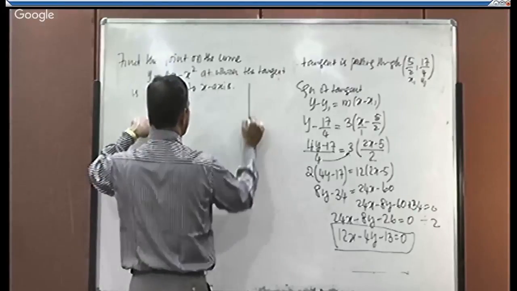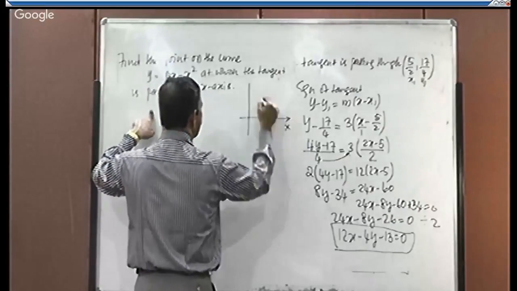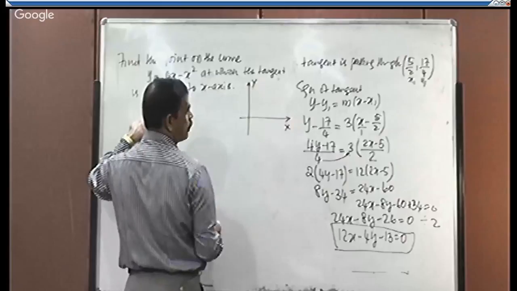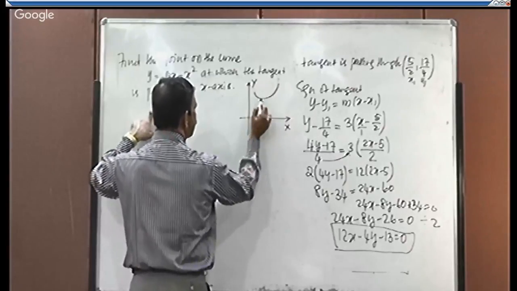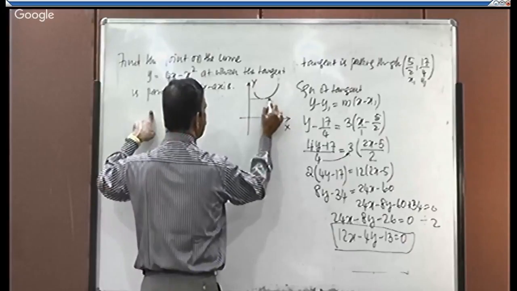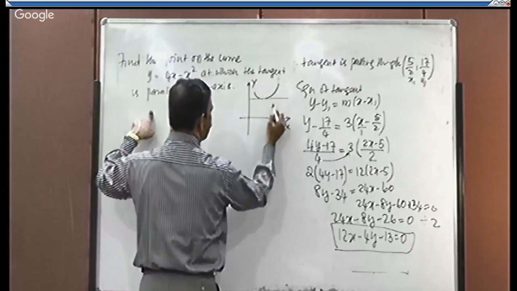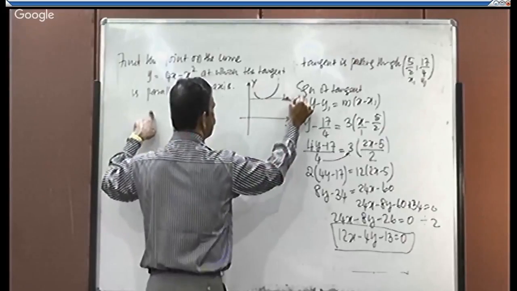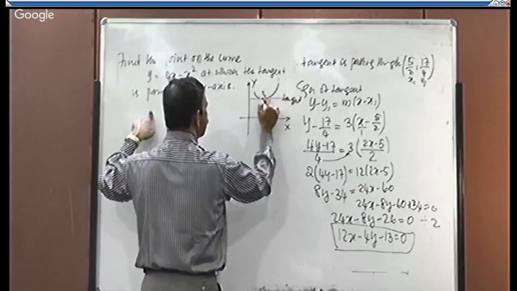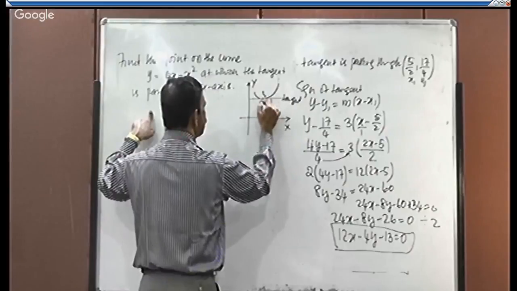Parallel to the x-axis. Suppose if I draw the diagram, this is the x-axis, y-axis. This is the curve. What is the tangent? The tangent should be parallel to the x-axis. Right? This is the tangent. This is the point. First, you have to get the point x comma y.